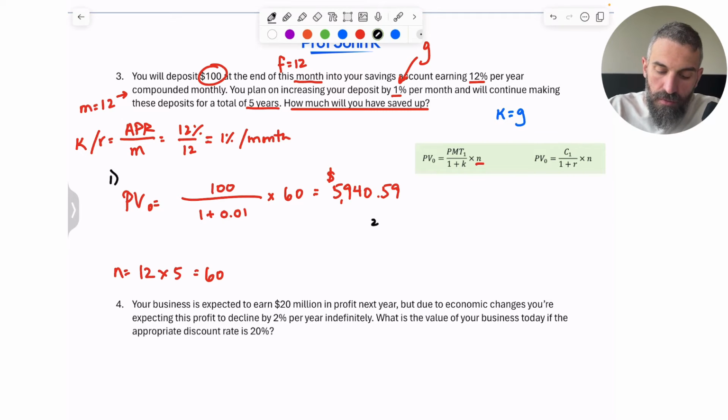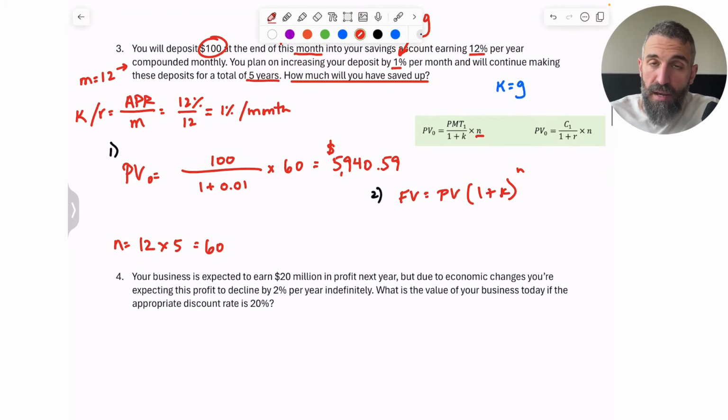Now, step 2, you're just going to use your basic future value formula. What I mean is future value equals present value multiplied by 1 plus k or 1 plus r, whatever you prefer, to the n.